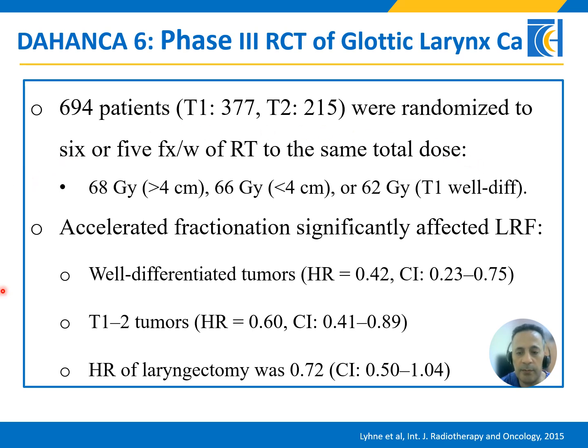The patients who benefited from treatment intensification the most were patients with early stage well-differentiated tumors. The hazard ratio for this group of patients was 0.42. However, for non-well-differentiated tumors with T1, T2, the hazard ratio was 0.6.